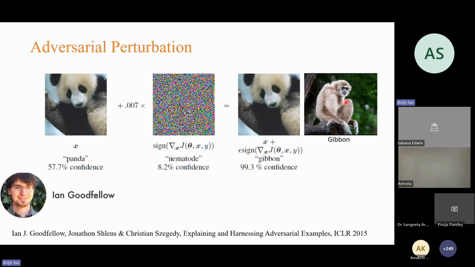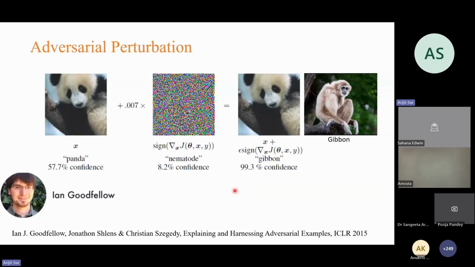So it nullifies the main aspect of the classification or inference. This is called adversarial perturbation, or adversarial attack, which substantially degrades the classification or inference quality of a machine learning or deep learning model.